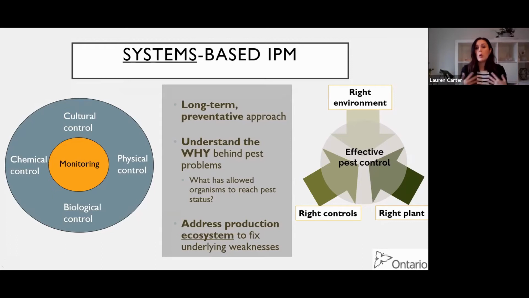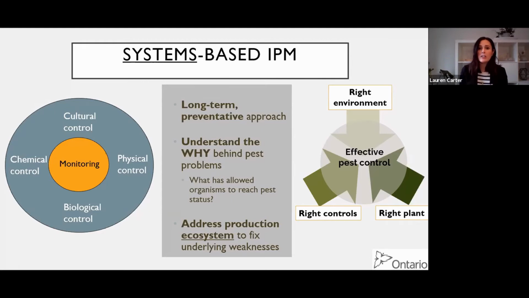And it's really looking at your whole greenhouse. So not only the right control mechanisms, but the right environment. Can we control the environment to make it less good for pests and better for biocontrol agents? Plants factor into that. Can we find more resistant cultivars? Can we use susceptible cultivars to our advantage?